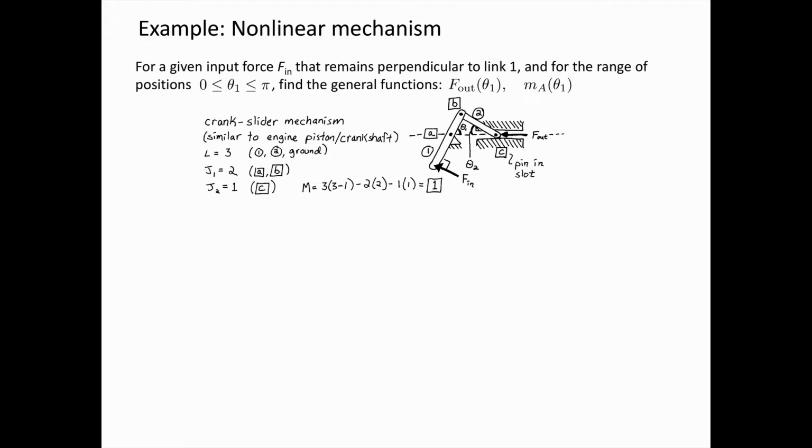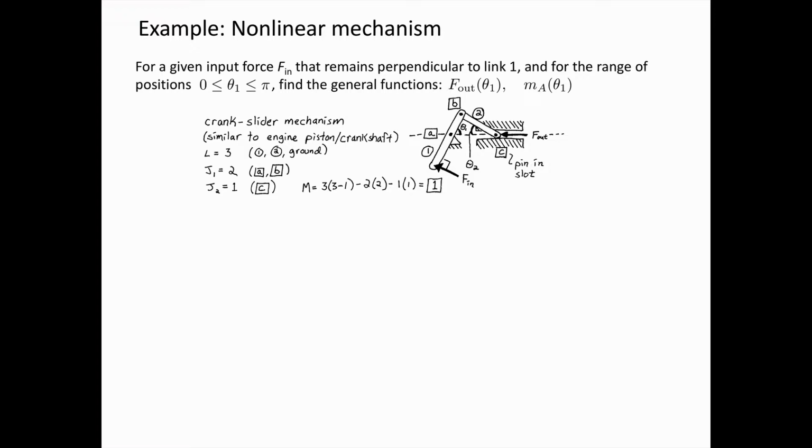And there's a pivot, a revolute joint, joint A, and so link 1 is going to rotate about joint A, but then it's connected through this revolute joint B to link 2, and then link 2 is connected to the ground through a pin in slot joint. Now remember, revolute joints are full joints, pin in slot joints are half joints. So assume we know what the input force is, and that input force always remains perpendicular to link 1.